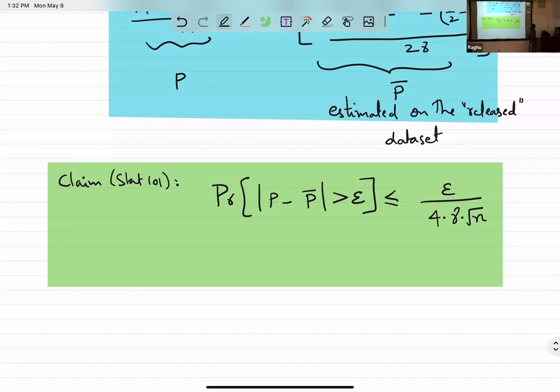So the chance that the gap between my estimate and the true value is more than epsilon is something like this.